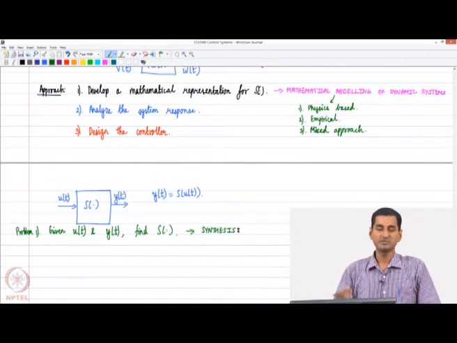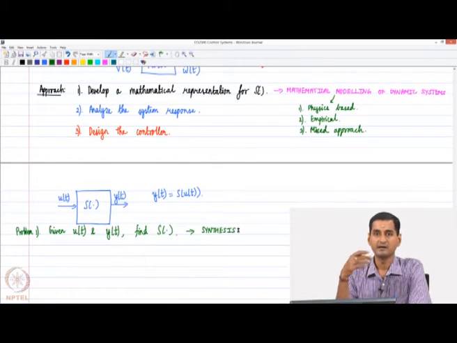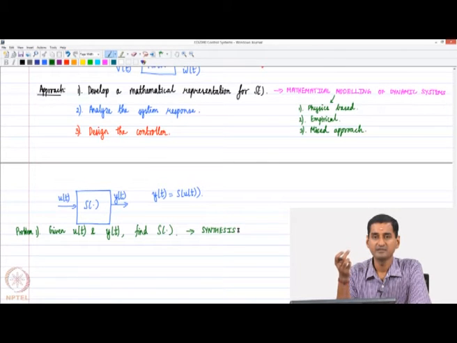Let me take the example of a room that is being air conditioned. Suppose I want to regulate the temperature of the room.